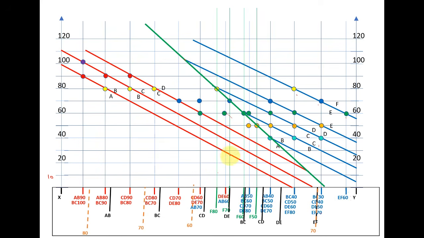Then we have DE80, DE70, DE60. We draw a line through it. So now we have drawn all the bedding junction lines.